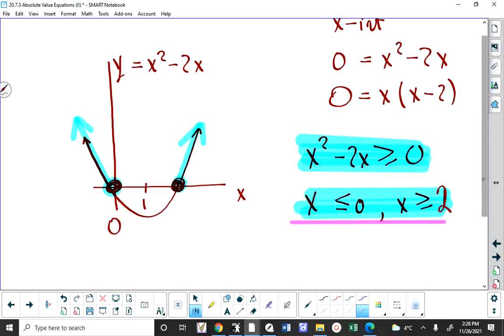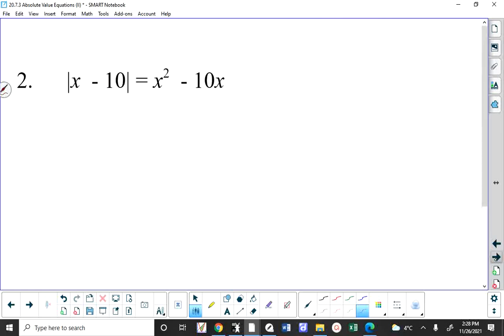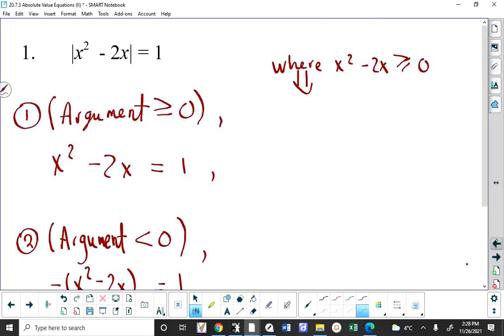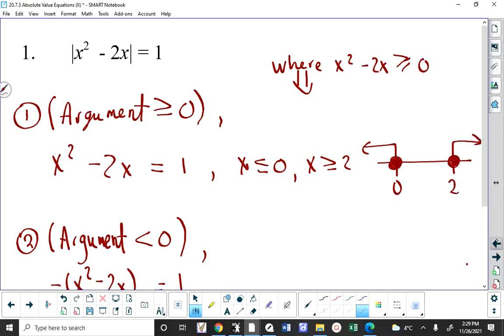Let's write that in. X is less than or equal to 0. X is greater than or equal to 2. Well, you know, what that means is this is the domain.